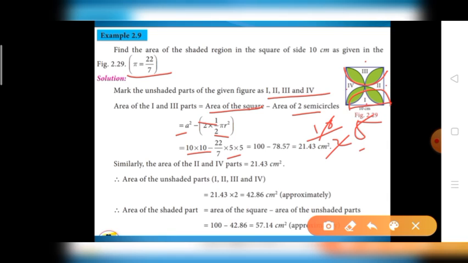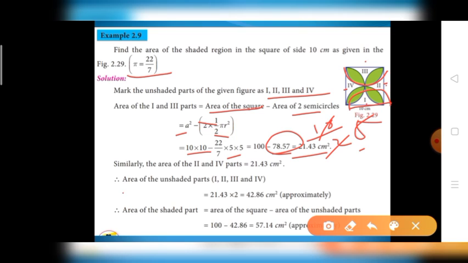Then 100 minus 22 into 25 divided by 7, the answer is 78.57. Then 100 minus 78.57, the answer is 21.43 centimeter square. Similarly, the area of the second and fourth parts is the same, 21.43 centimeter square.